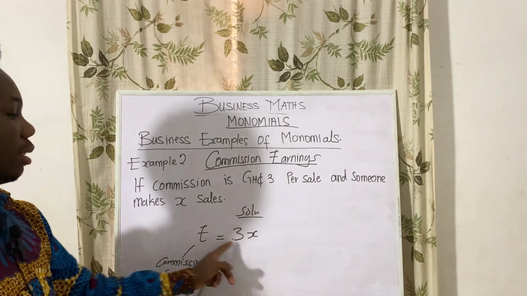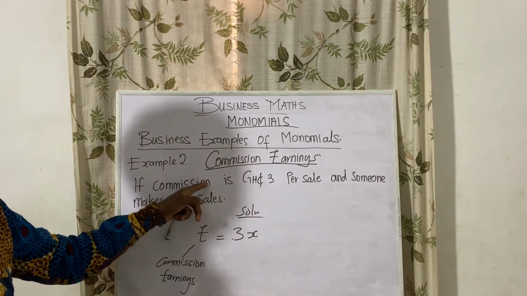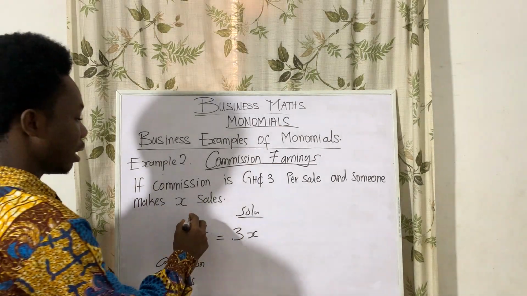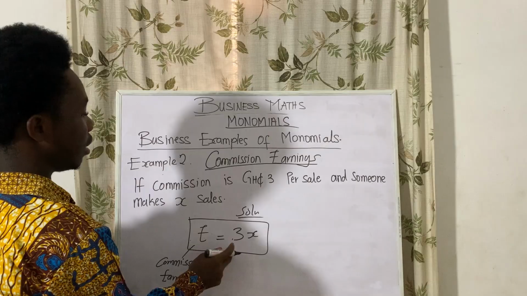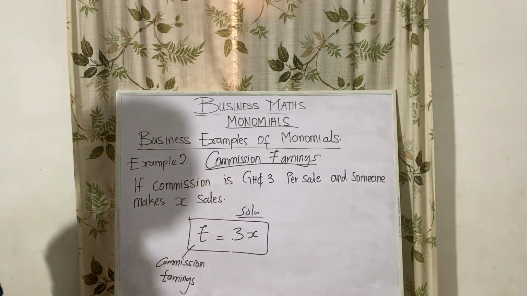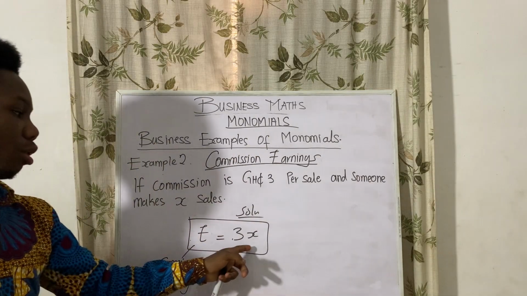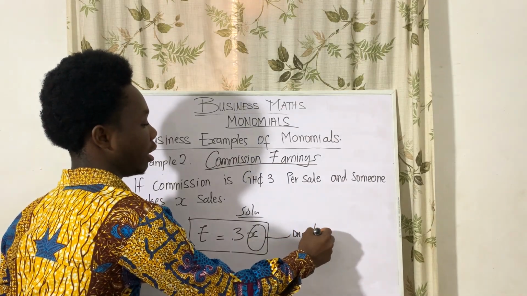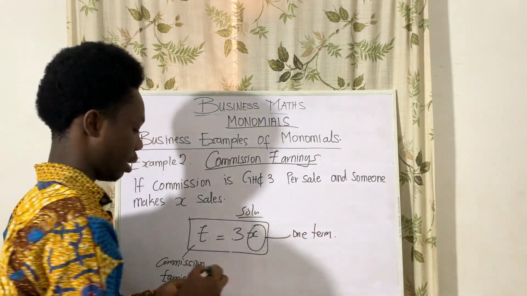So this is the meaning of this, in mathematical form. This is a monomial because it has only one term. Please, I hope you understand. It has only one term.